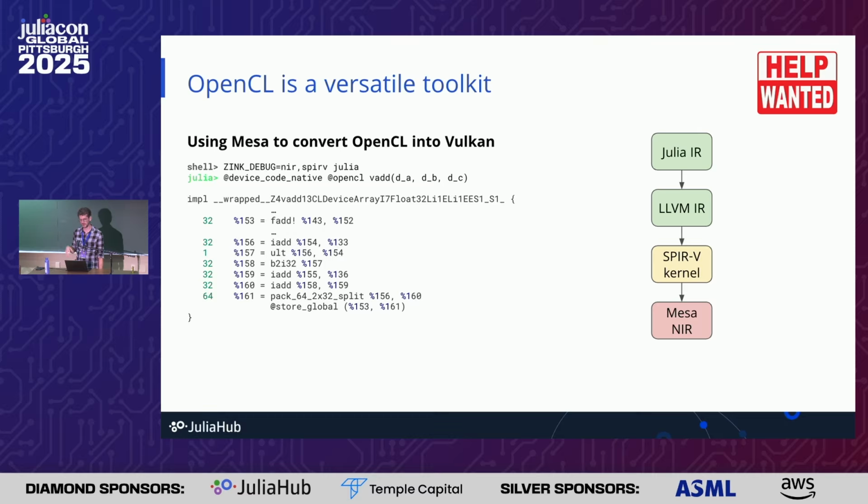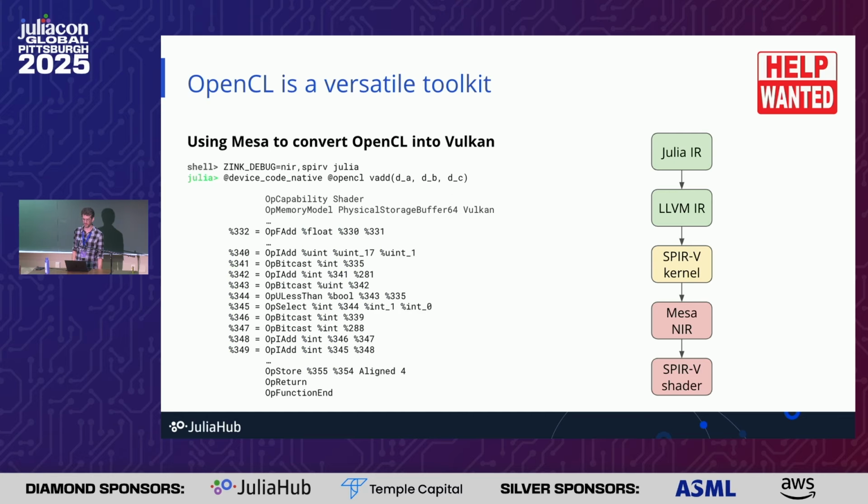Then it's going to get translated from SPIR-V into Mesa's IR, and then finally Vulkan compute shaders come out of it and can get passed to the Vulkan API. And this all happens automatically by Rusticl because Rusticl is a full OpenCL implementation, so we don't actually have to use Vulkan.jl. This automatically goes through OpenCL.